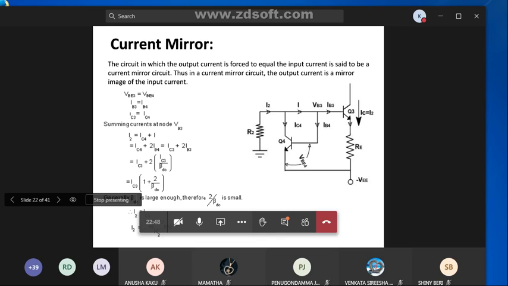The circuit in which the output current is forced to equal the input current is said to be a current mirror circuit. That means the output current is a mirror image of the input current.